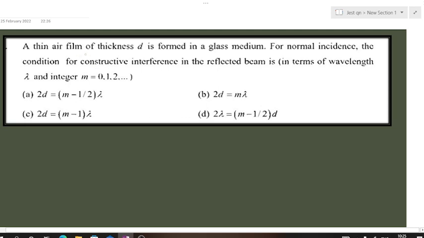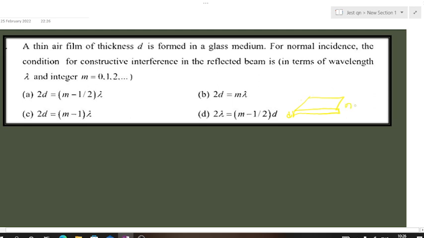A thin air film of thickness d is formed in a glass medium for normal incidence. The condition for constructive interference in the reflected beam is a thin air film. Let us say a thin air film like this, thickness d, is formed in a glass medium.